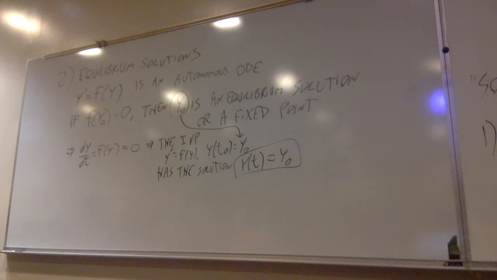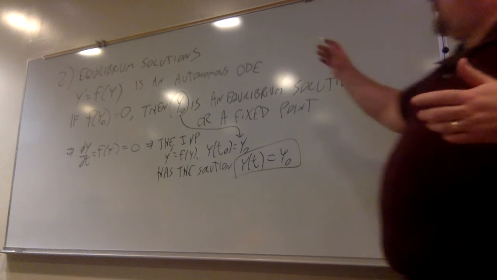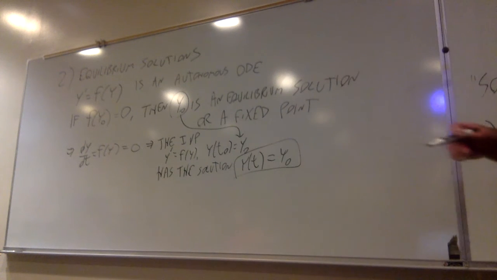First thing we should do, if we are given an autonomous ODE, we want to understand how a solution behaves. It's a good idea to see what the roots of f of y are, if we can. And whether we can or not depends on particular f. Like for instance, if it's a polynomial, and seeing what the zeros are.